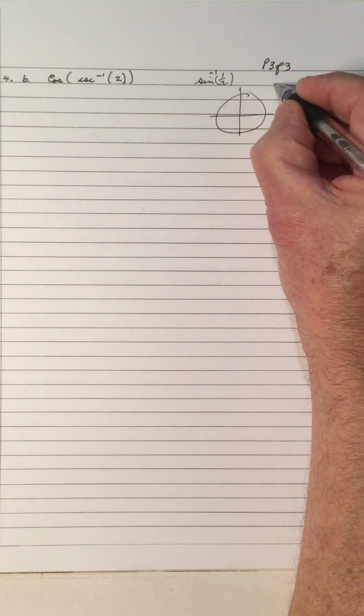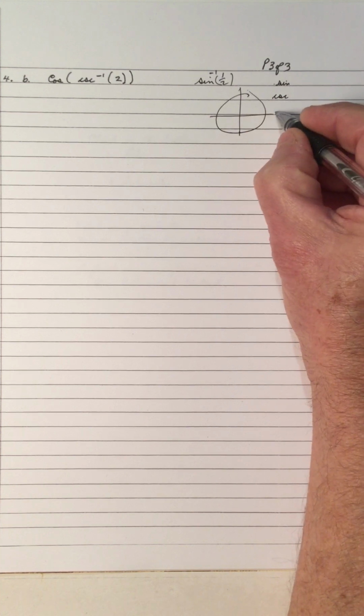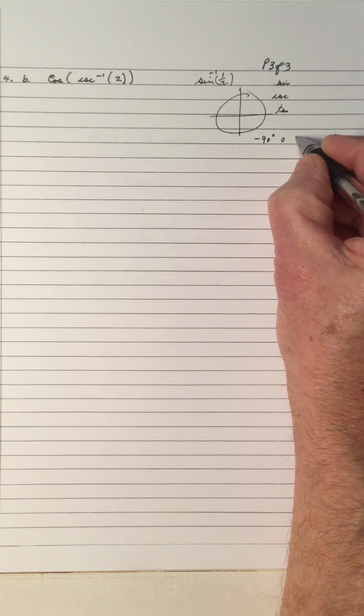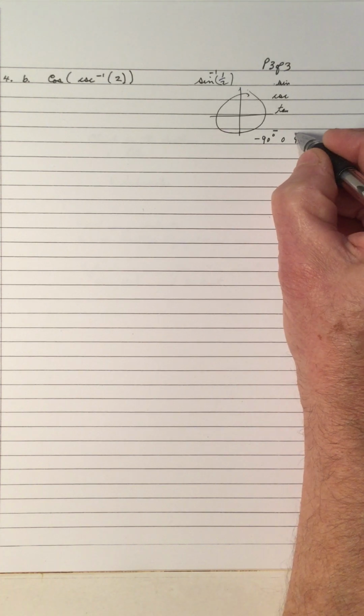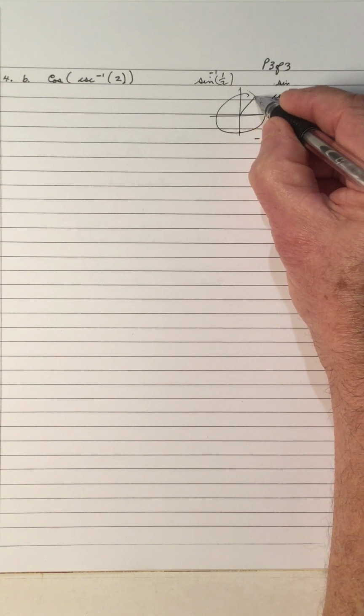Cosecant goes with sine and goes with tan. So that means we're talking about the angles between -90 to 90. So negative between 0 and -90, and positive between 0 and 90. This is a positive number, so we're in this quadrant right here.